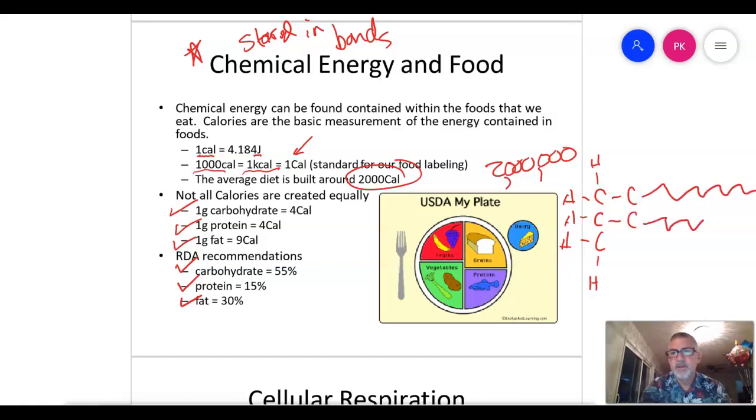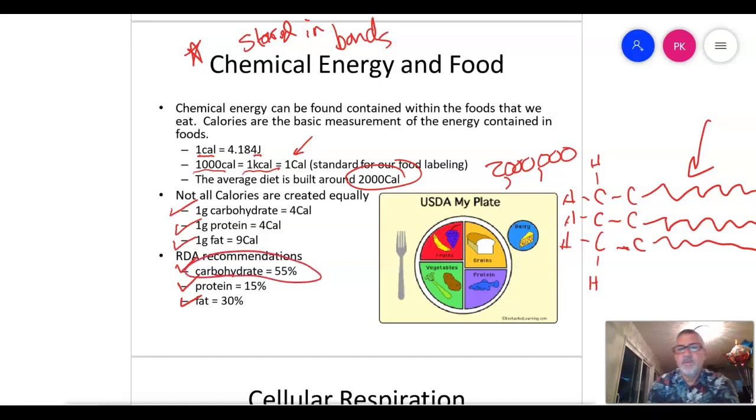Remember, these long tails are many carbons. And between those carbons, this is why it's 9, because you have all those bonds between those carbons. Okay? But we remember, our primary source of energy is carbohydrate.